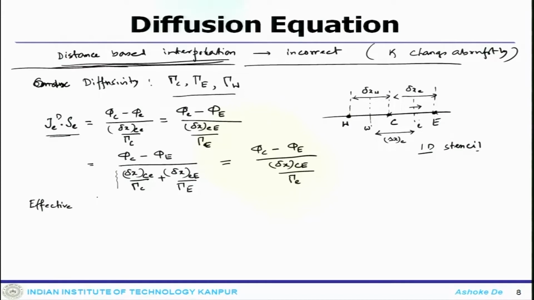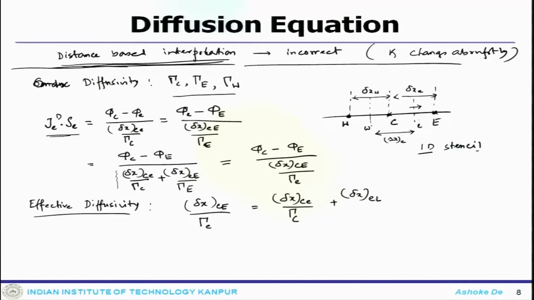So, the effective conductivity or diffusivity becomes del x C E by gamma e equals del x C e by gamma C plus del x e E by gamma E, where del x C E is the distance between these two cell centers.